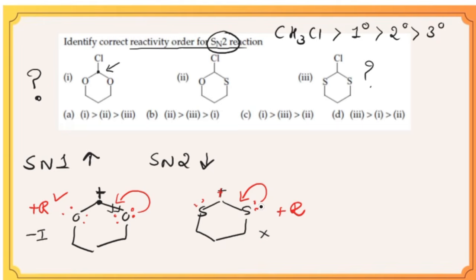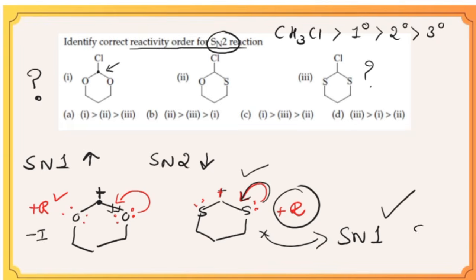That means it's a better electron donor. So this will donate electrons better through plus R effect, stabilizing the carbocation. That means this will undergo SN1 reaction better. If it undergoes SN1, it will not undergo SN2. That means this molecule will be the least reactive towards SN2 reaction.